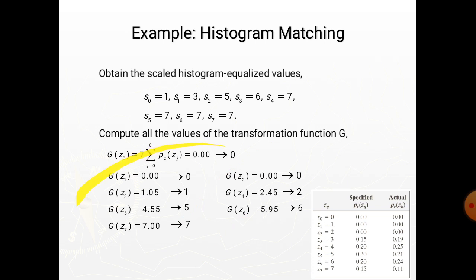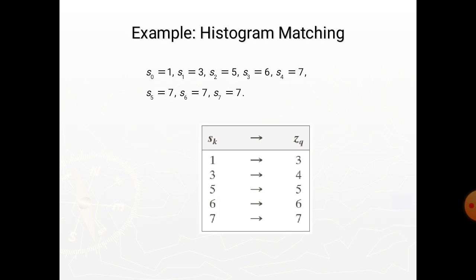So we can get these values: G(z0), G(z1) equal to 0.00, G(z3), G(z5), G(z7), G(z2) equal to 0, G(z4) equal to 2 and G(z6) equal to 6. Here you can see that.